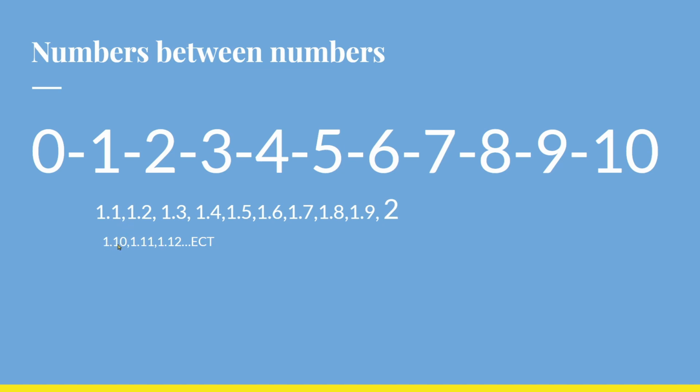And so 1.10, 1.1, and you can do this until you get 1.111, 1.1111, and it can go on forever and ever, and all of these numbers are contained between a value of 1 and 2.